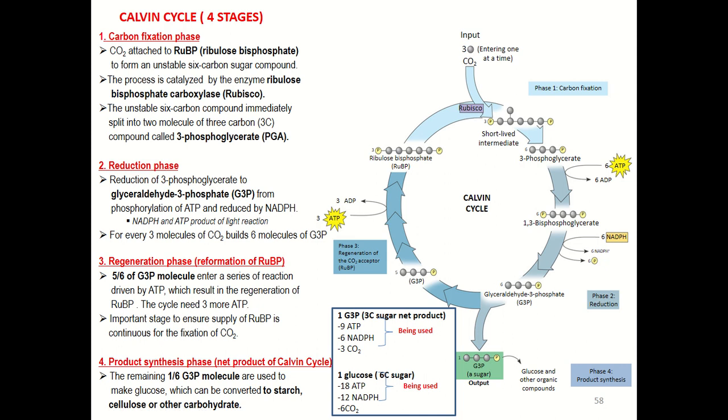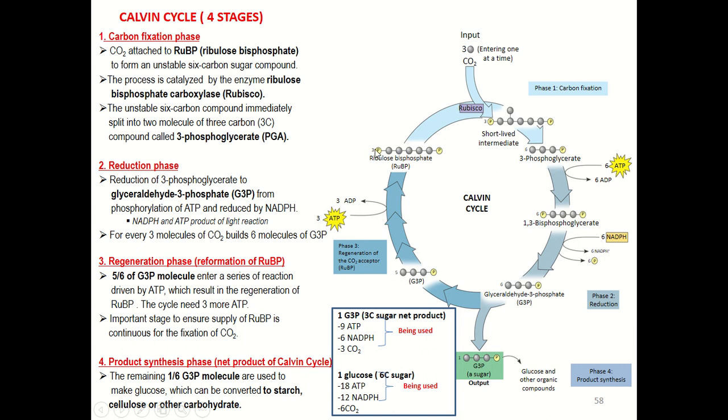This process is catalyzed by the enzyme known as Rubisco, or also known as ribulose biphosphate carboxylase. And then, during this carbon fixation, the unstable 6 carbon compound product will immediately split to become 2 molecules of 3 carbon compound, that is called 3-phosphoglycerate or 3-PGA.